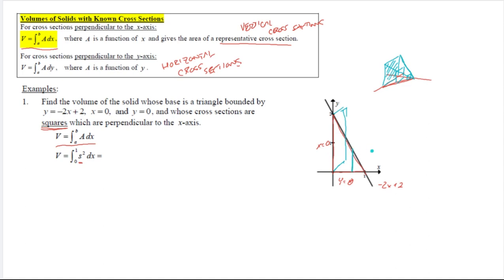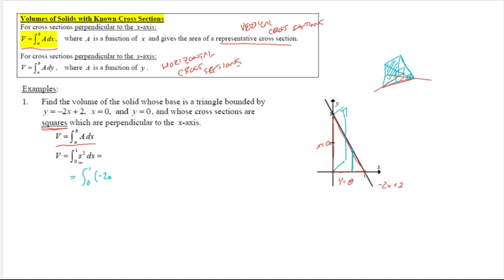Well, that makes it really nice and easy because we actually have an equation here. This negative 2x plus 2, that's going to be our side. So we would set this up by saying the volume is equal to our integral from 0 to 1 of our side squared.